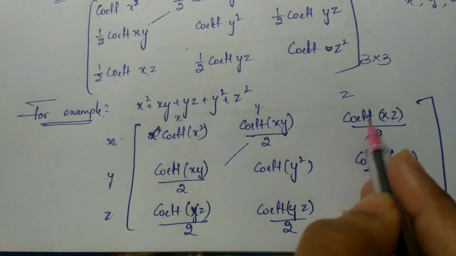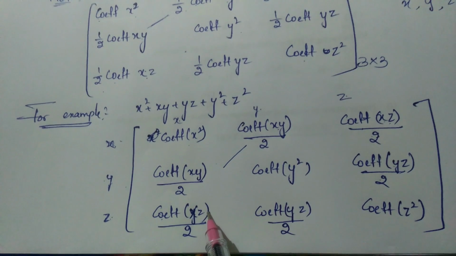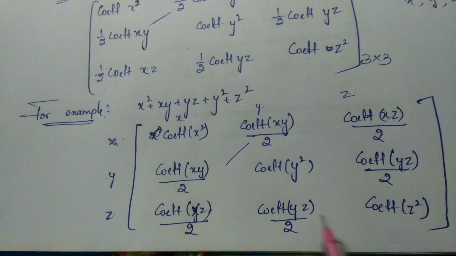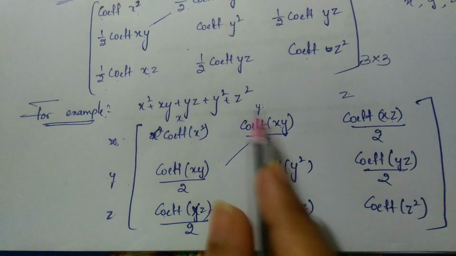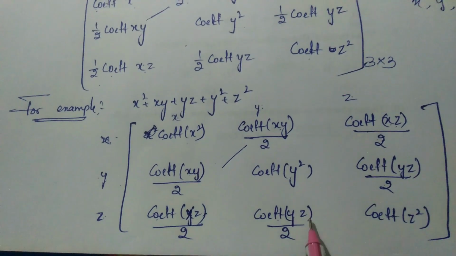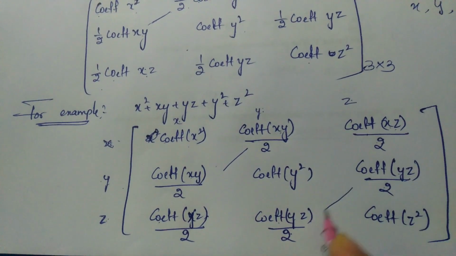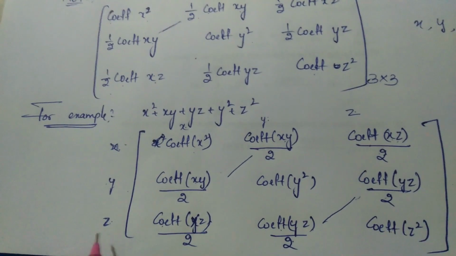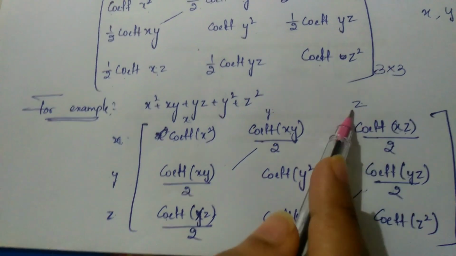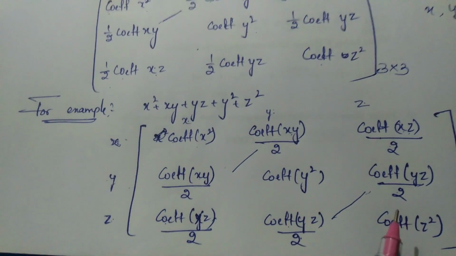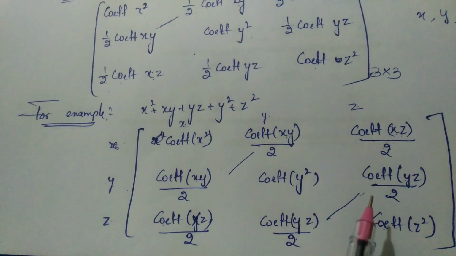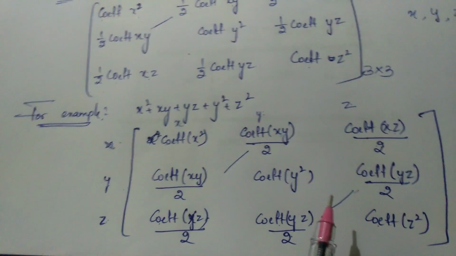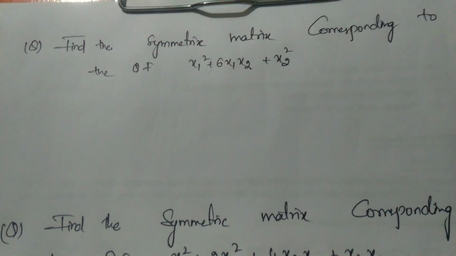So you can see this element and this element are similar. Next it is z into y, nothing but yz, that is coefficient of yz divided by 2. So you can see these two elements are similar. Then it is z into z, this is the coefficient of z square. So in this way the given equation we write in the form of a matrix, that is nothing but the quadratic form. We see three problems.